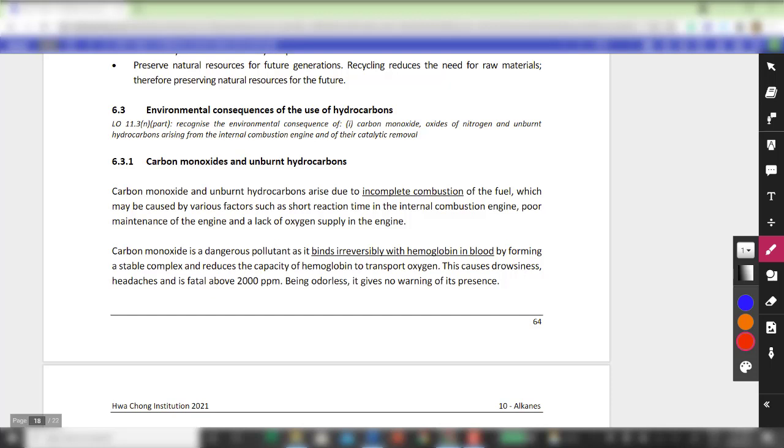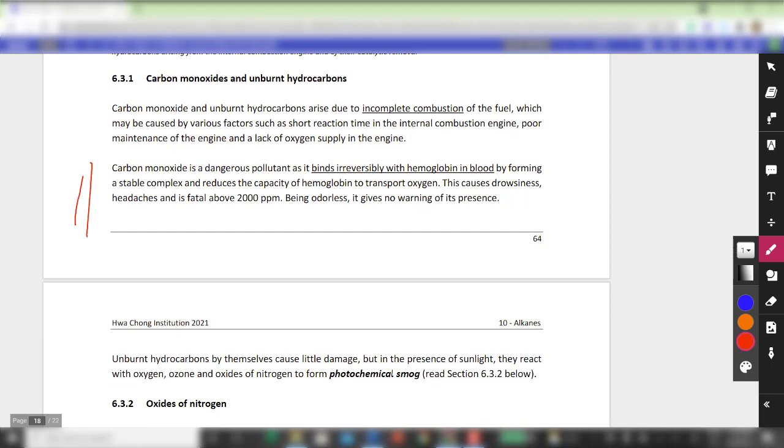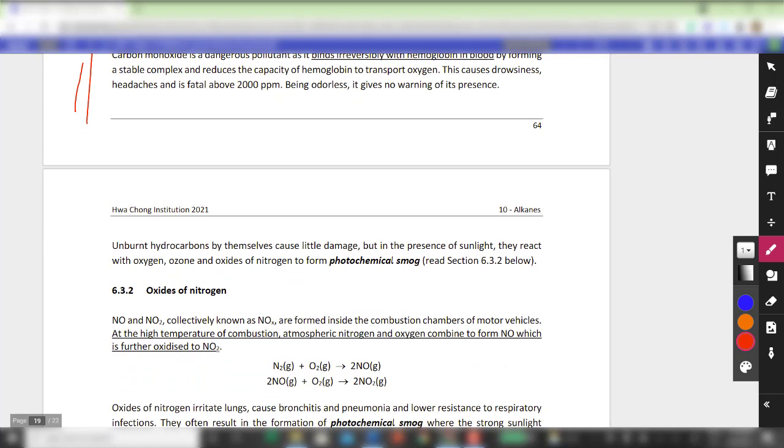And why is CO undesirable? You will probably learn a little more in transition metal chemistry, but basically it binds irreversibly to the hemoglobin in the blood, and that depletes the oxygen supply to important components in our body. You can read more about that.